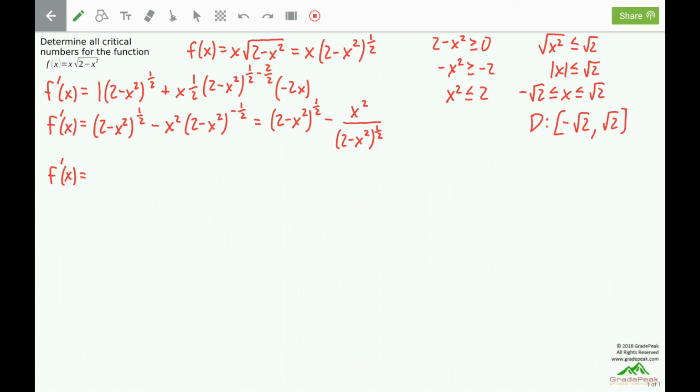The second term has a denominator of 2 minus x squared to the 1/2. So we will need to multiply the first term by 2 minus x squared to the 1/2 over itself, a form of 1, to give it a common denominator with the second term.